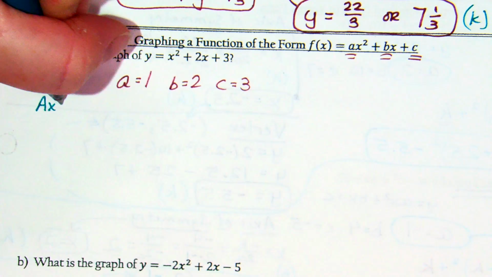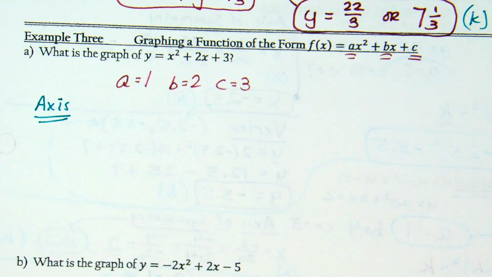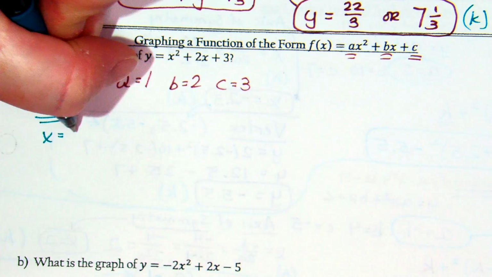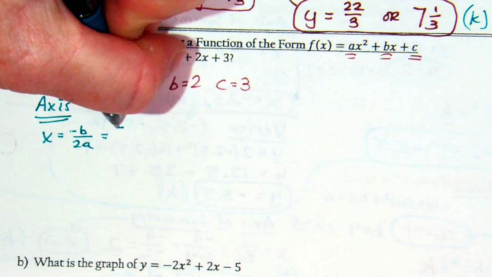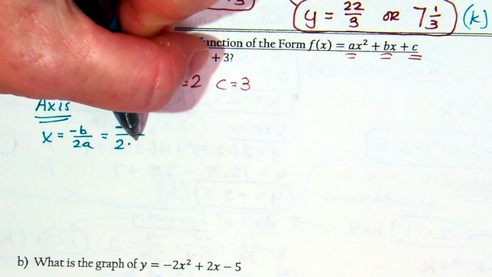Okay. Not a new question. How do I find that axis of symmetry? Negative b over 2a. X equals negative b over 2a. So negative of, what's my b value? 2. So negative 2 over 2 times a, which is 1.